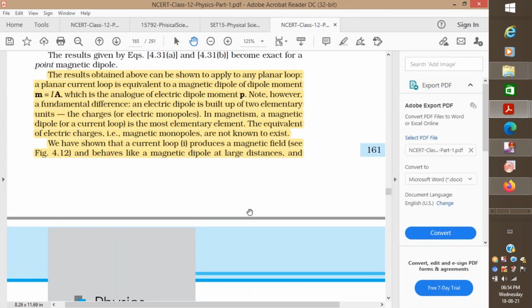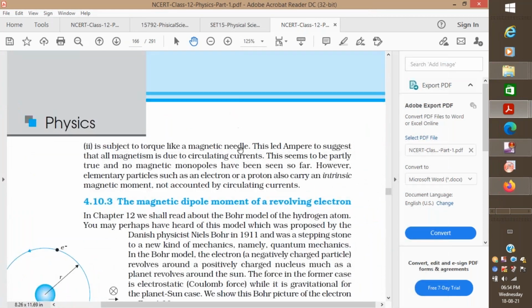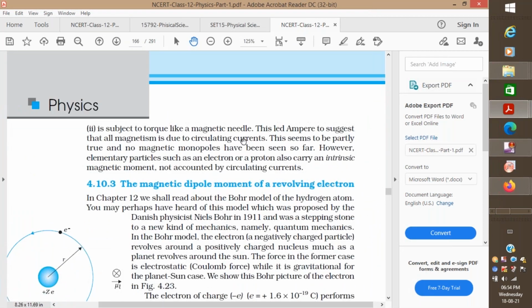Like your electric field, the elementary source can be a point charge, a dipole, etc. But in case of magnetism, the source of the magnetic field will be only a current carrying loop or circulating current. That's why Ampere suggested that magnetism is due to circulating current, but a few things were not correct. This seems to be partly true. No magnetic monopoles have been seen so far.